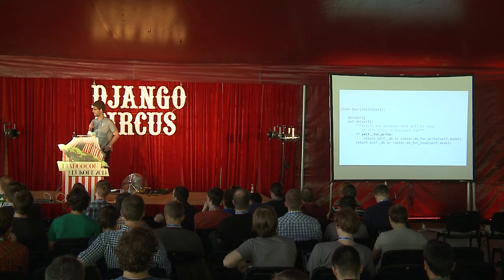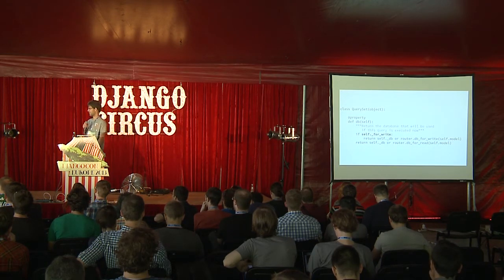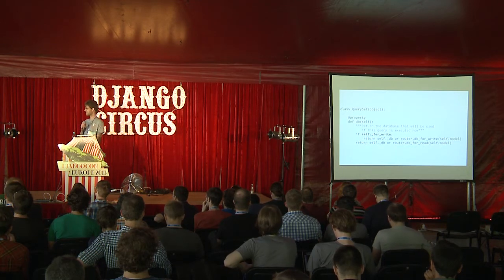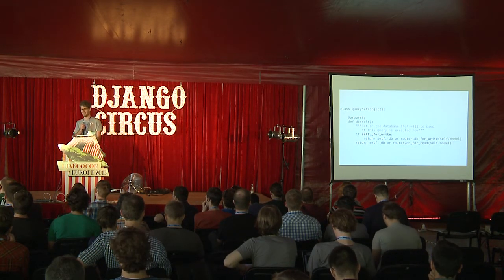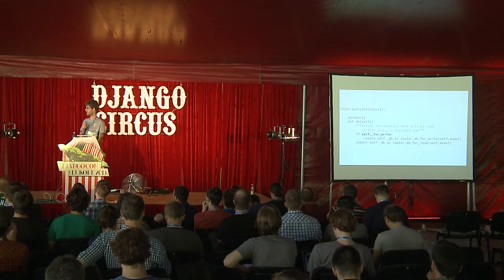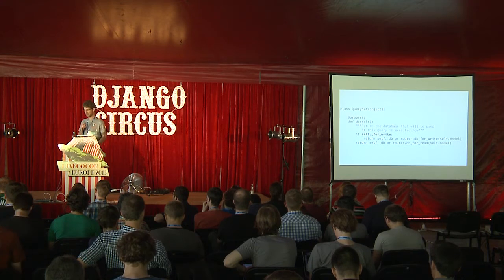In Django there is this nice, or maybe not so nice, property for write on each query. And this is the property that Django uses to choose the router method.